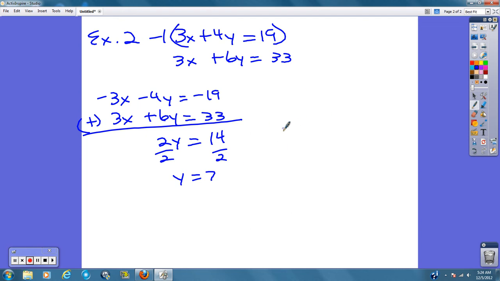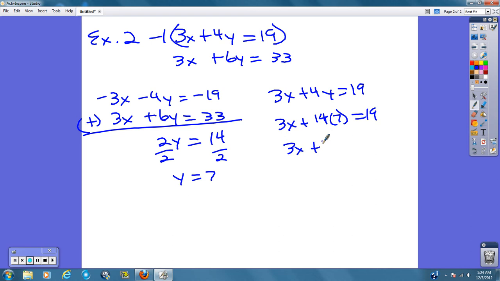Now all we need to do is substitute this back into the original equation. I always go with whichever one has the smaller numbers because it's the least amount of work. So I'm going to use 3x plus 4y equals 19. I'm going to have 3x plus 14 times 7 equals 19. So 3x plus, and I'll be honest, I don't know that.